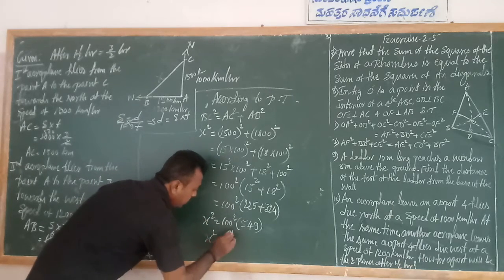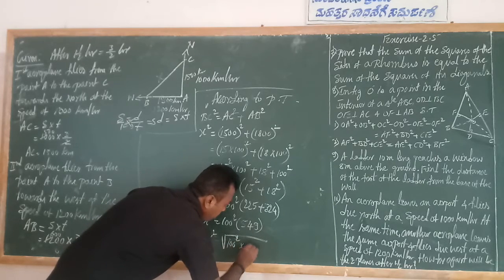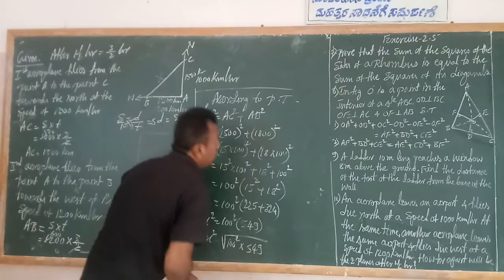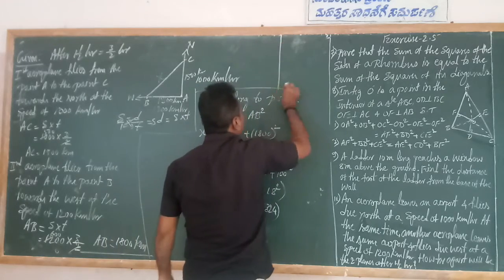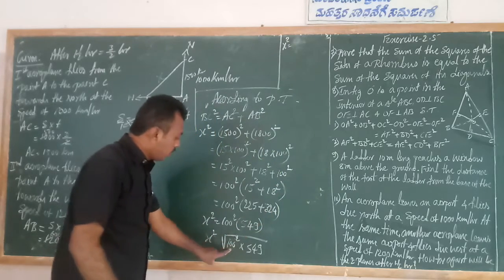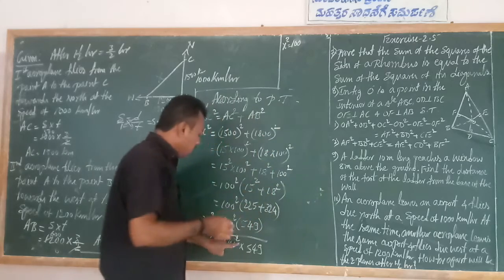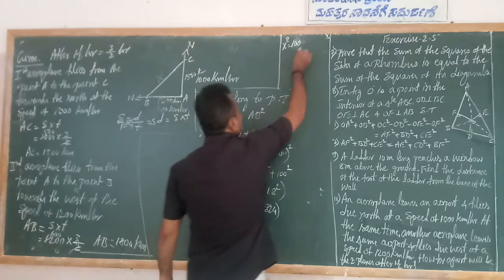So x is equal to the square root of 100 square into 549. The square root of 100 square is 100, the square root cancels, and the remaining is 100 into the square root of 549.